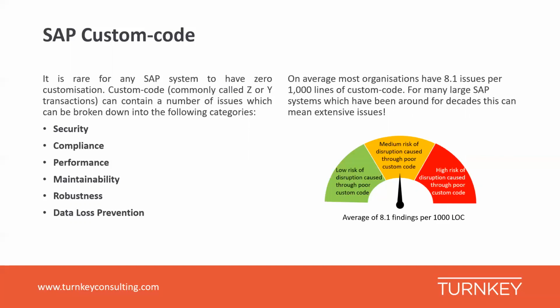Robustness, or robustless code, is code which contains poor error handling, logic flows, or can modify global data. Typically, we see this as code checking to see if something is executed successfully, and that could be an authority check statement. However, even if it fails, the code carries on executing.